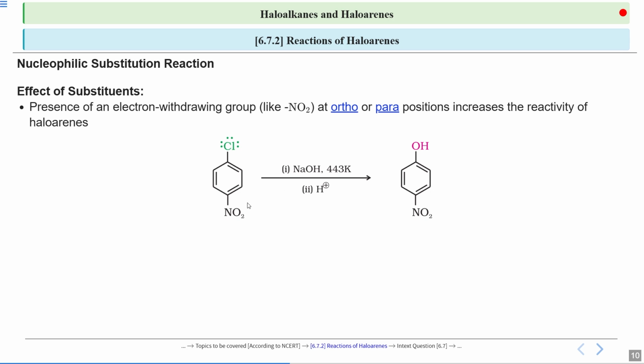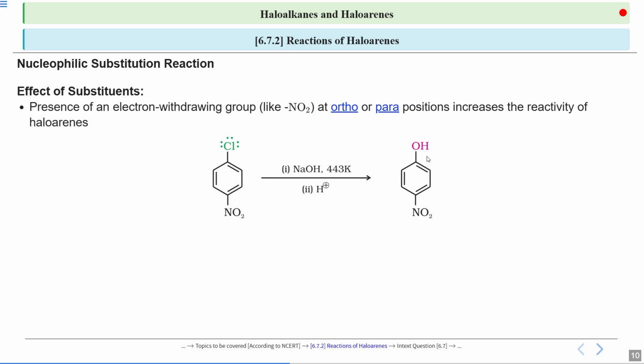But here an electron withdrawing group NO2 is present specifically at the para position in the benzene ring. So the temperature needed for this reaction to occur is comparatively lesser. You are treating this compound with NaOH at 443 Kelvin and then with proton, and you get a phenol, or you can say nitrophenol.